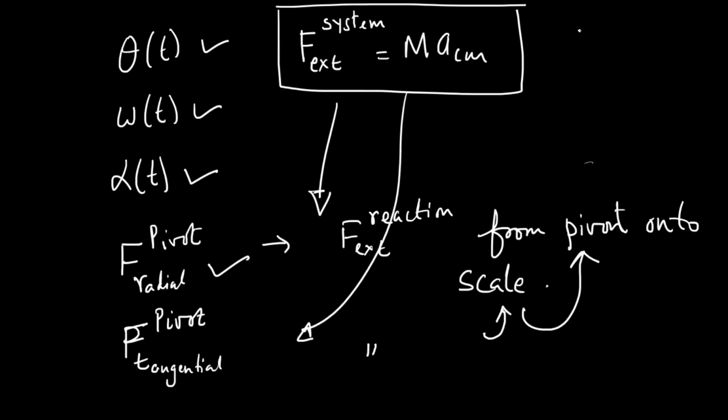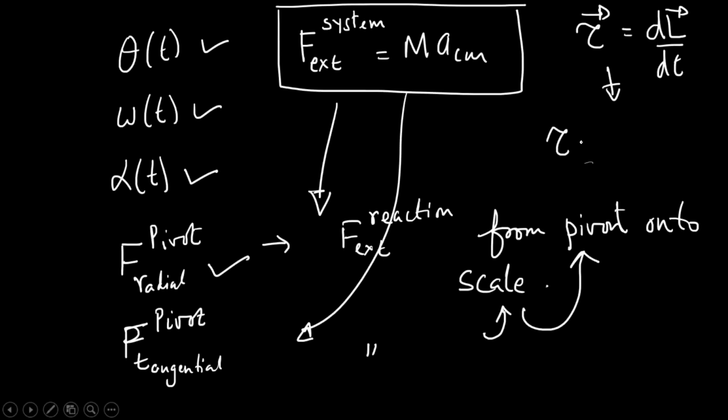And the other is what we have gained from tau equals dL by dt, which for pure rotation morphed, for our simple problem of forces in the xy direction, into tau z equals I alpha t.